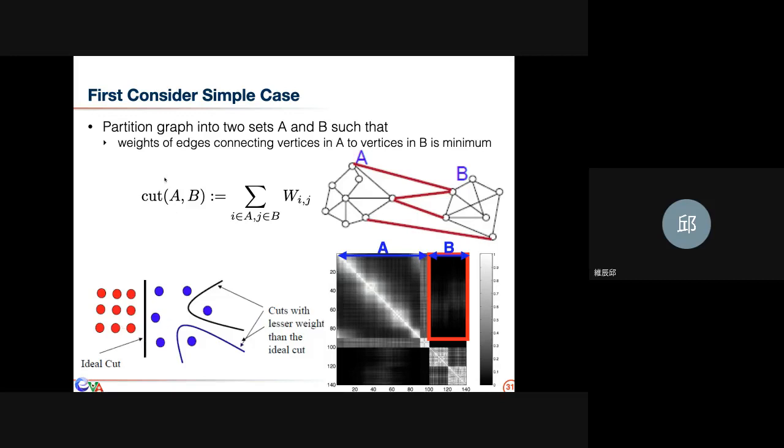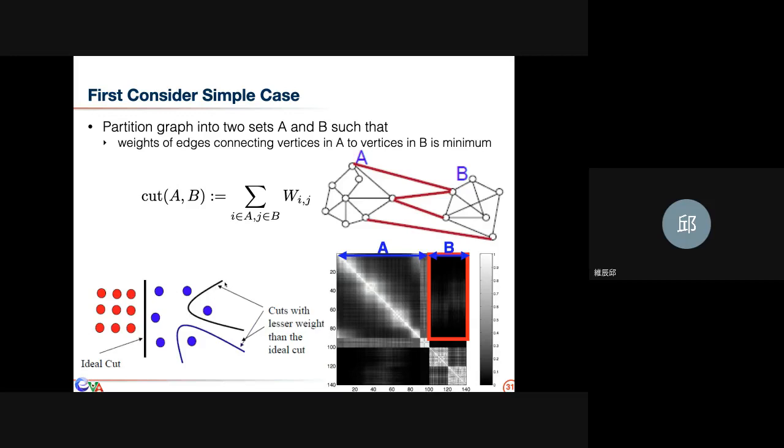But if you only use this objective function of the cut cost and minimize it, then maybe you will have a result like this: cutting out one single data point from all the others.